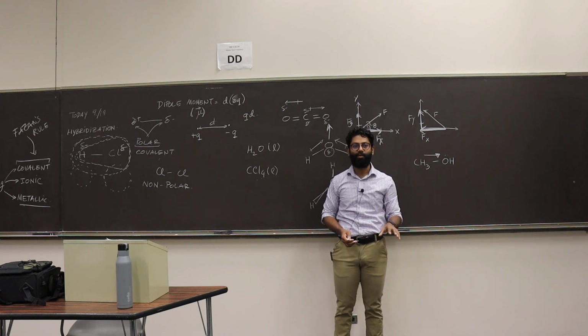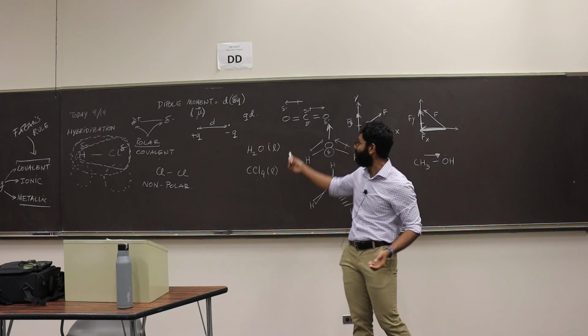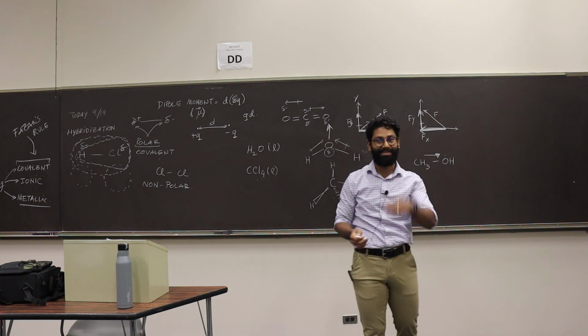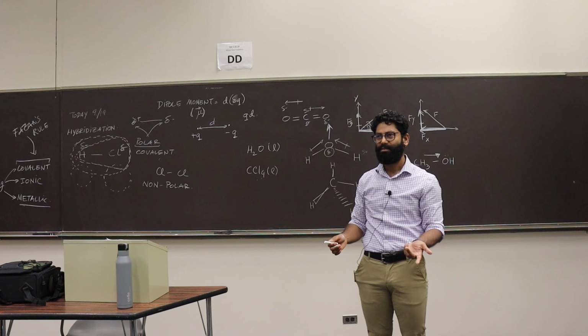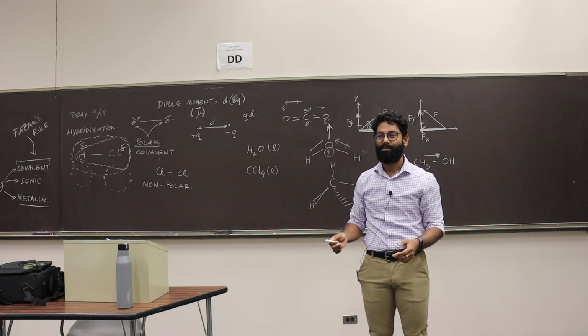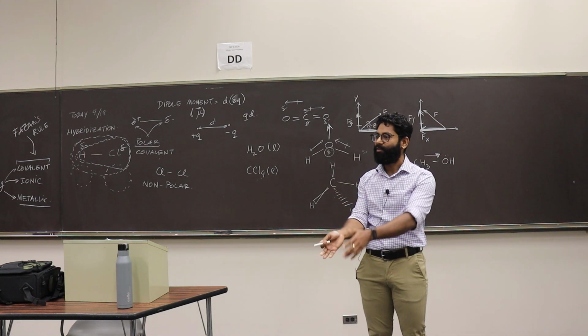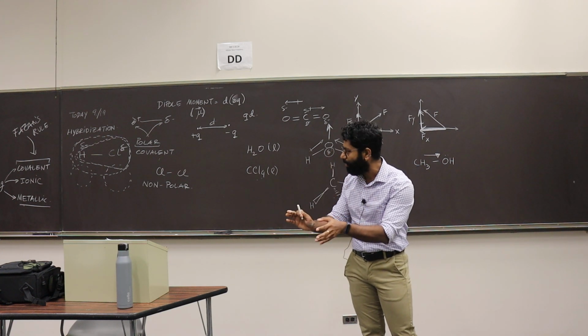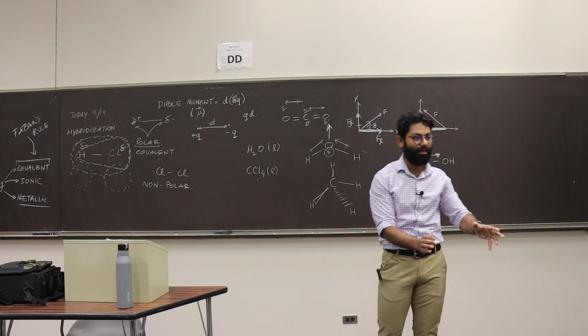Sulfur will dissolve in carbon disulfide, CS2, which is like carbon dioxide but with sulfur. So non-polar things will get dissolved in non-polar solvents, and polar solutes will dissolve in polar solvents, okay?